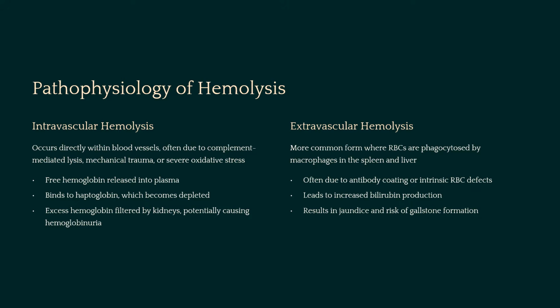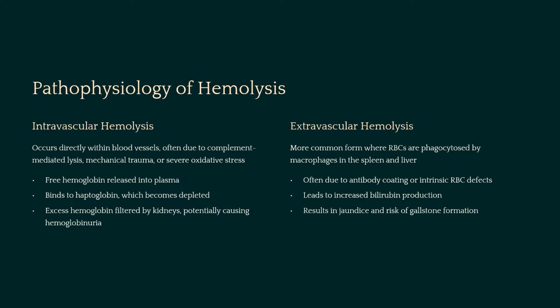What happens when intravascular hemolysis occurs? Number one, free hemoglobin is released into the plasma. Naturally, when the RBC breaks down, hemoglobin comes out free from the RBC. Now, it binds to haptoglobin, which becomes depleted.